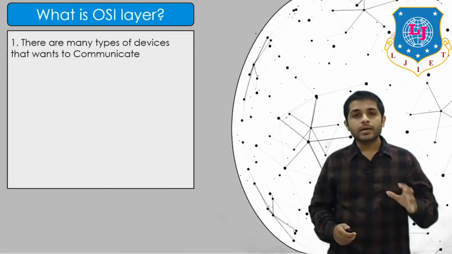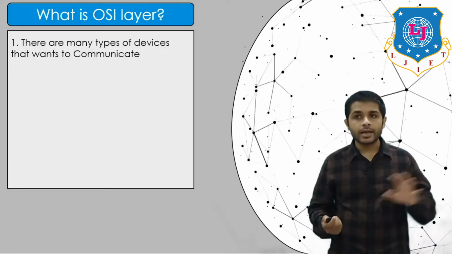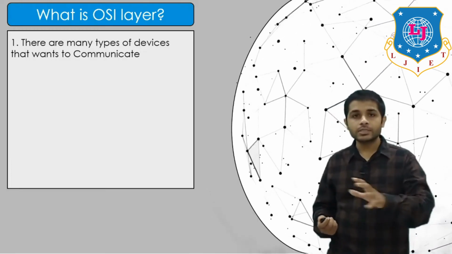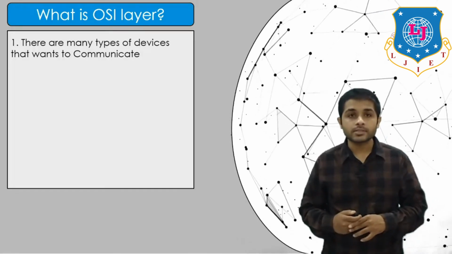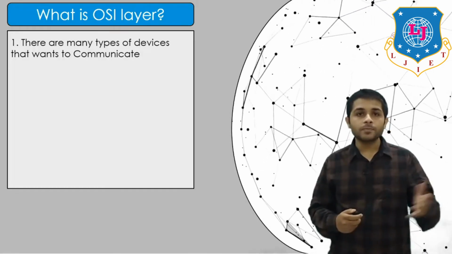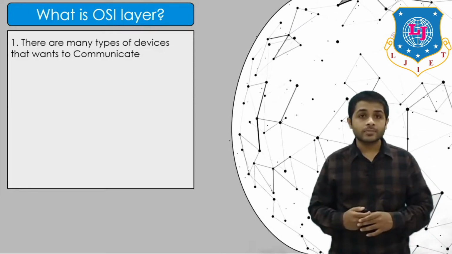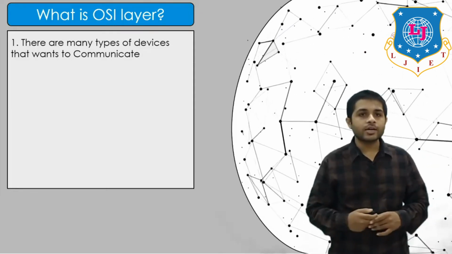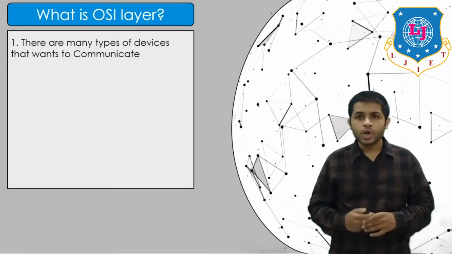In a network, many types of devices are connected together. There are laptops, phones, and tablets, and each device works on a different operating system. For example, a laptop could be working on Windows, macOS, or Linux. Phones can be working on Android and iOS, and tablets have different operating systems too.